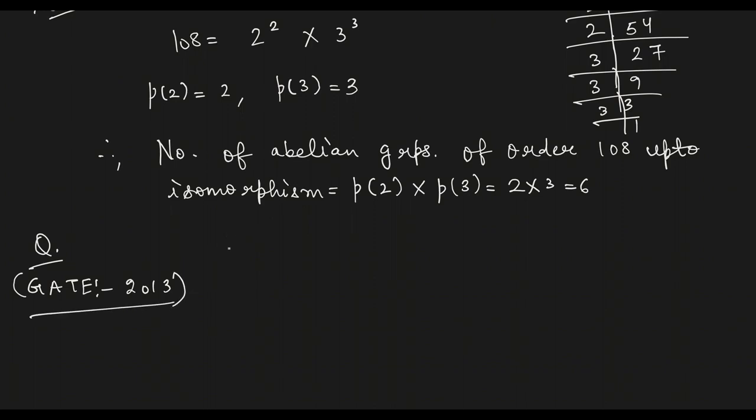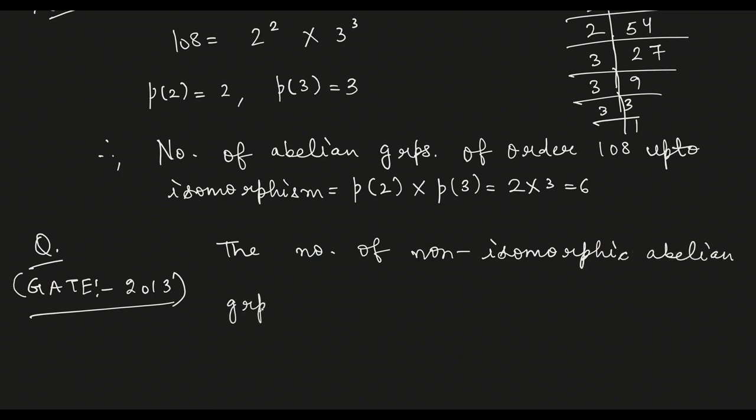The number of non-isomorphic abelian groups of order 24 is 3.